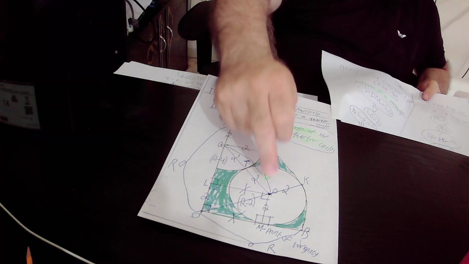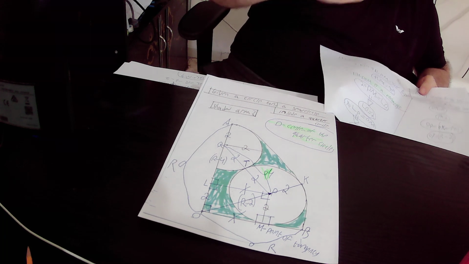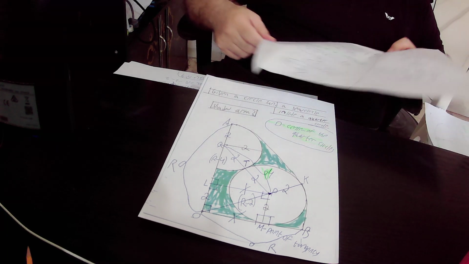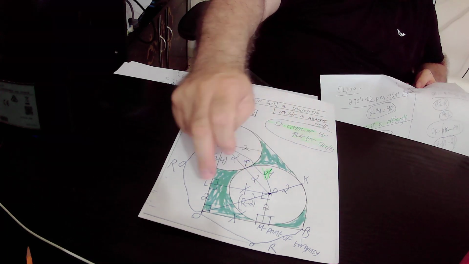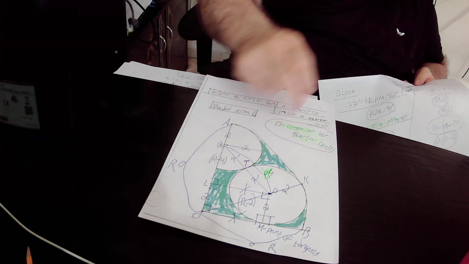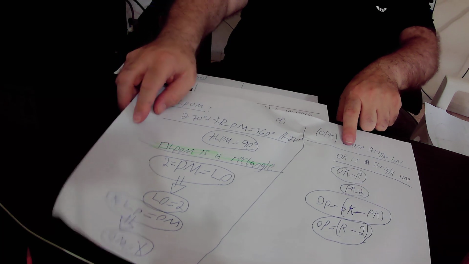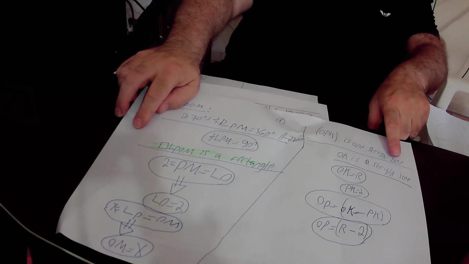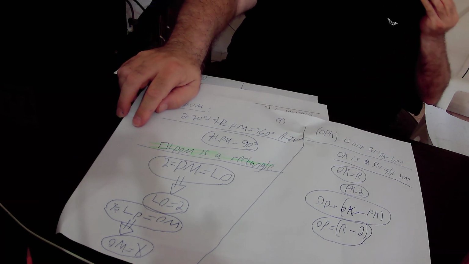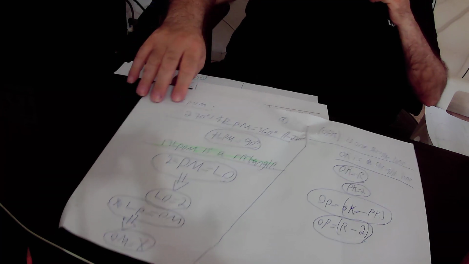Or you can also say that points O, P, and K are all located on the same straight line. So if OPK is a straight line, then OK must also be a straight line. But what is the definition of the straight line OK?